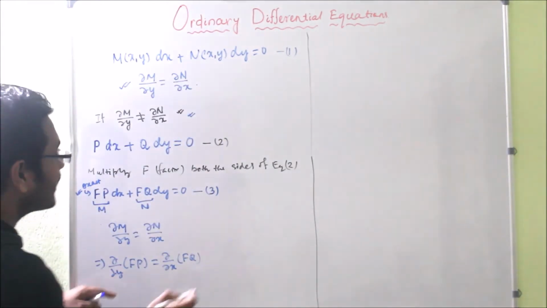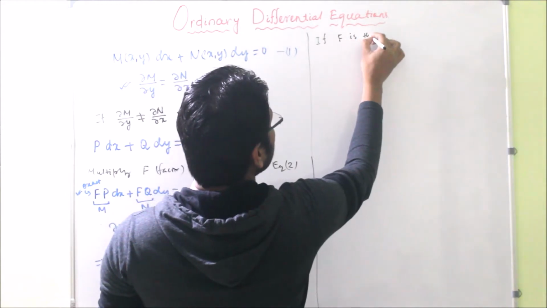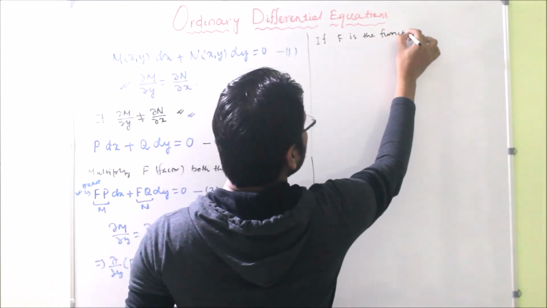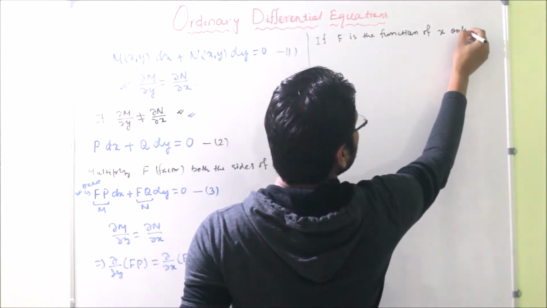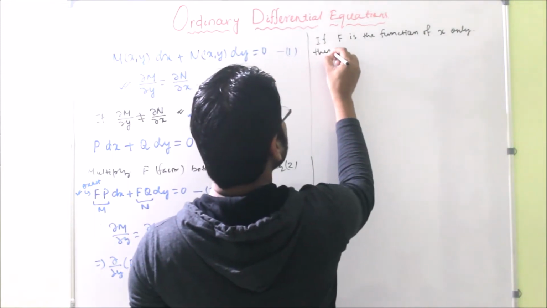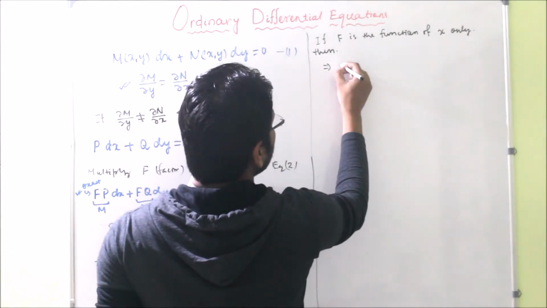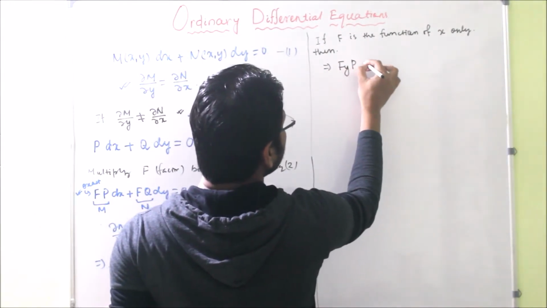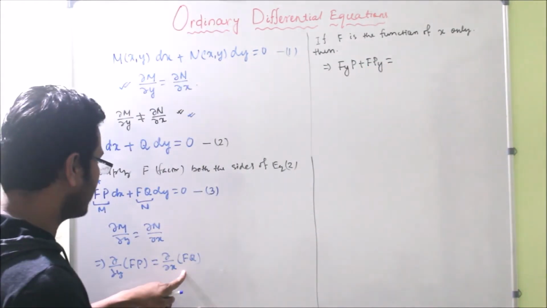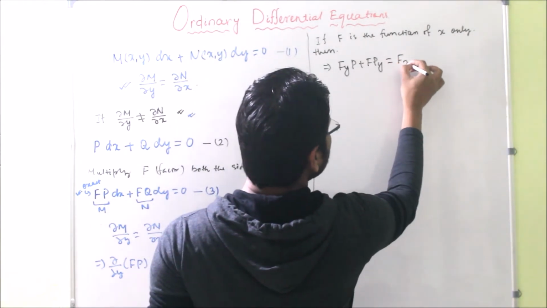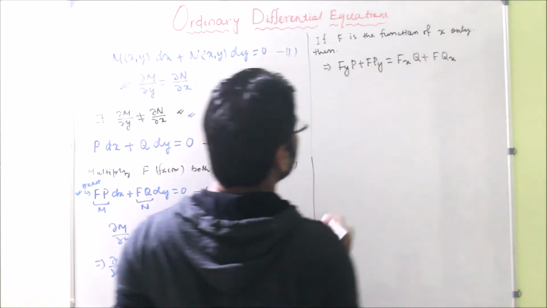So if f is the function of x only, then what will happen? The left side will be f_y P plus f P_y, right side will be f_x Q plus f Q_x.